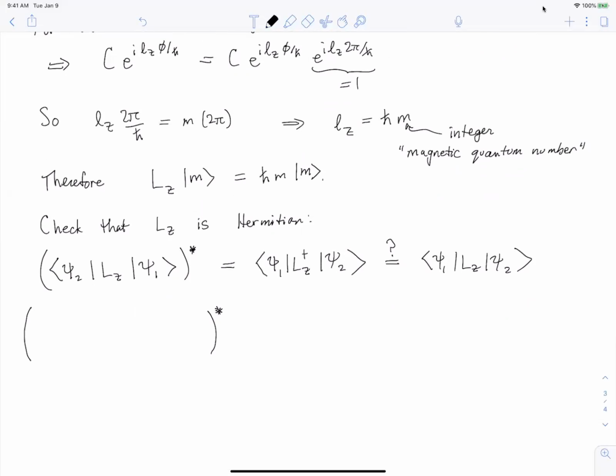This matrix element is the integral from 0 to 2 pi d phi of psi2 of phi star, and then the representation of L sub z is minus i h bar partial phi acting on psi1 of phi.